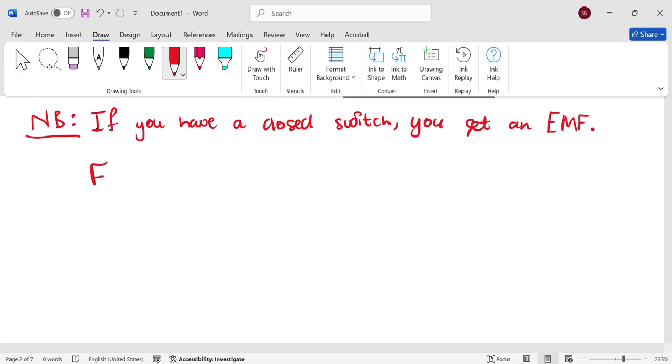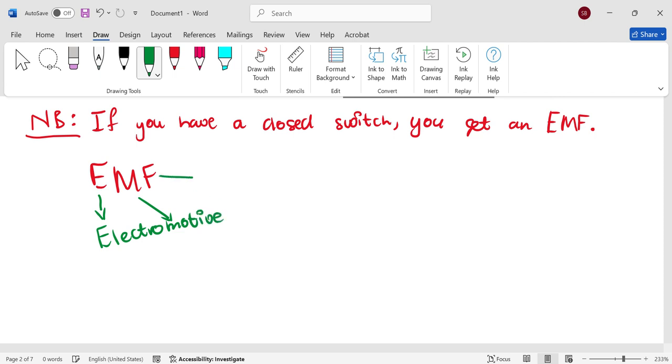So what is an EMF? EMF stands for electromotive force.